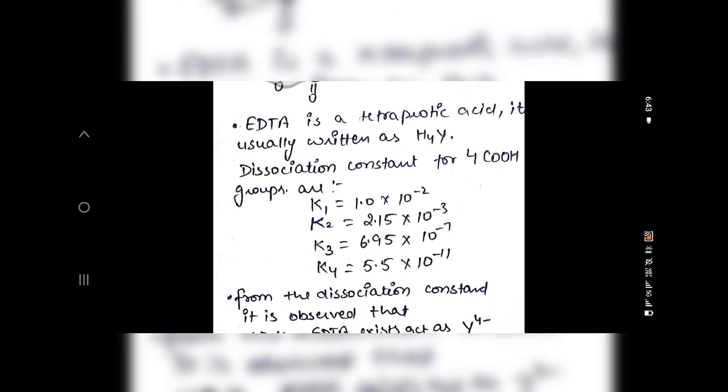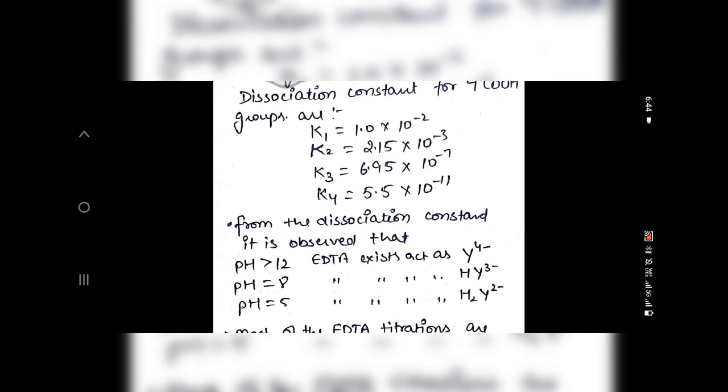The dissociation constants for the 4 COOH groups are: K1 is equal to 1 × 10^-2, K2 is 2.15 × 10^-3, K3 is 6.95 × 10^-7, and K4 is 5.5 × 10^-11.